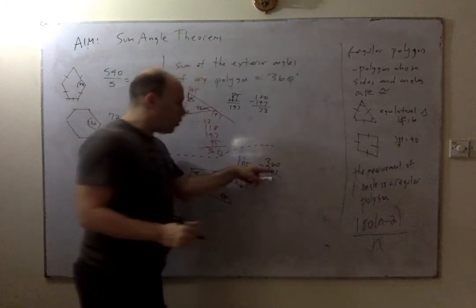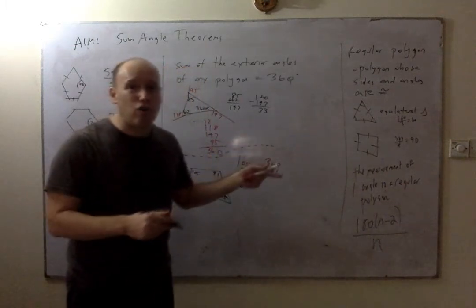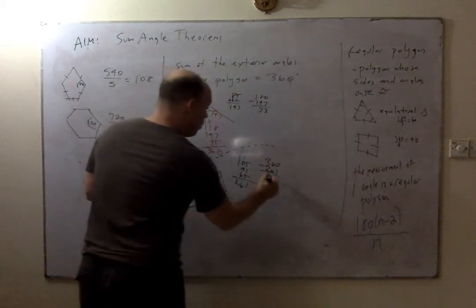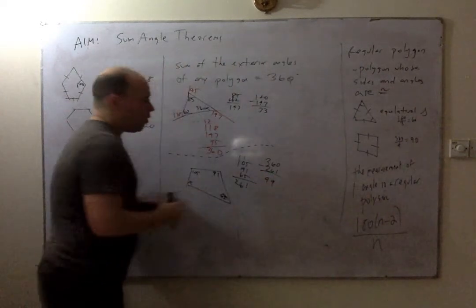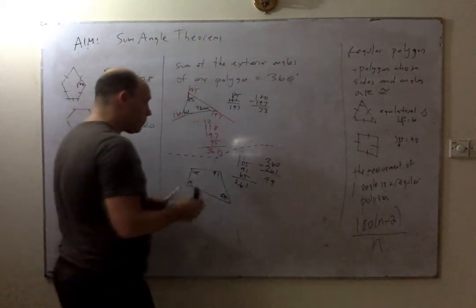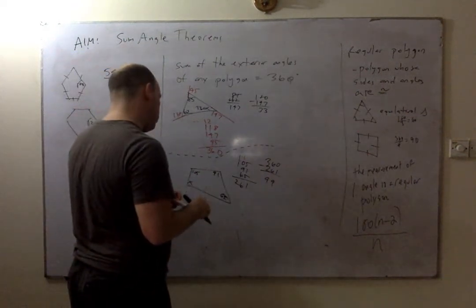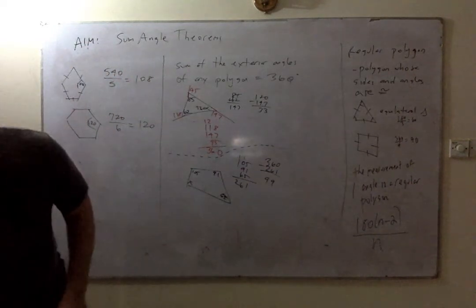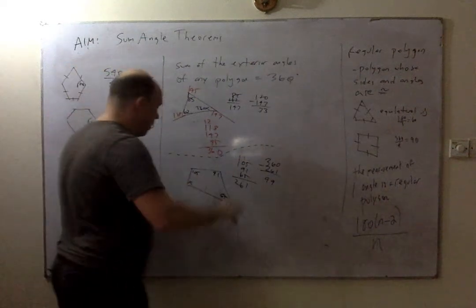That's 99. So I know the fourth angle. Now, let's add these up. Okay, so we know the sum of the angles is 360.